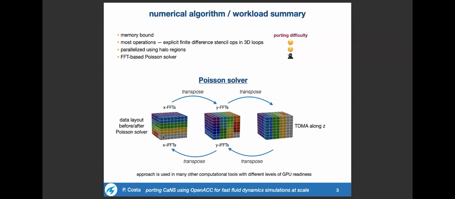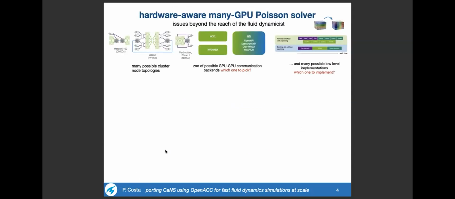And then we need to rotate this domain decomposition to do FFTs along Y, and then to solve with the Thomas algorithm the final system along Z and do the reciprocal operations. This sounds simple, but actually each of these transposes is an all-to-all operation, which is extremely challenging from a parallelization point of view, especially on GPUs, because we are in a paradigm where we have really huge heterogeneity in terms of cluster node topologies.